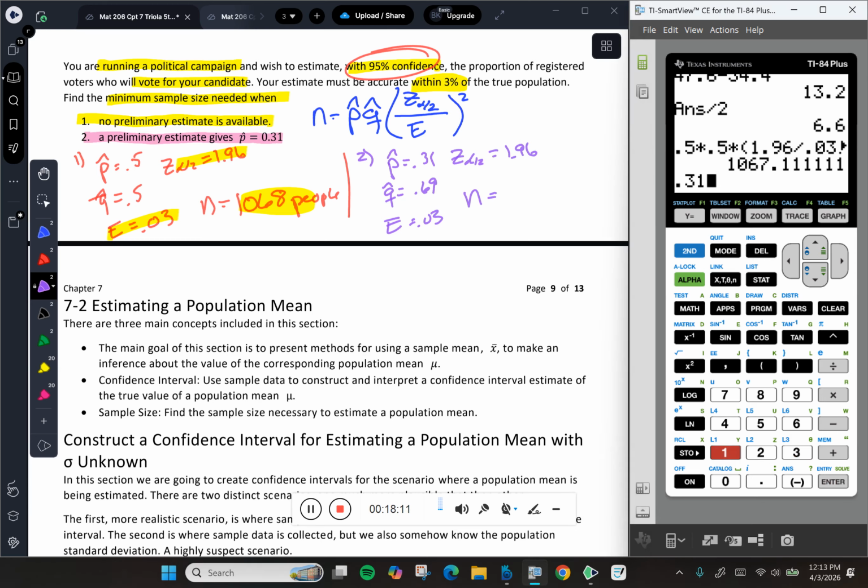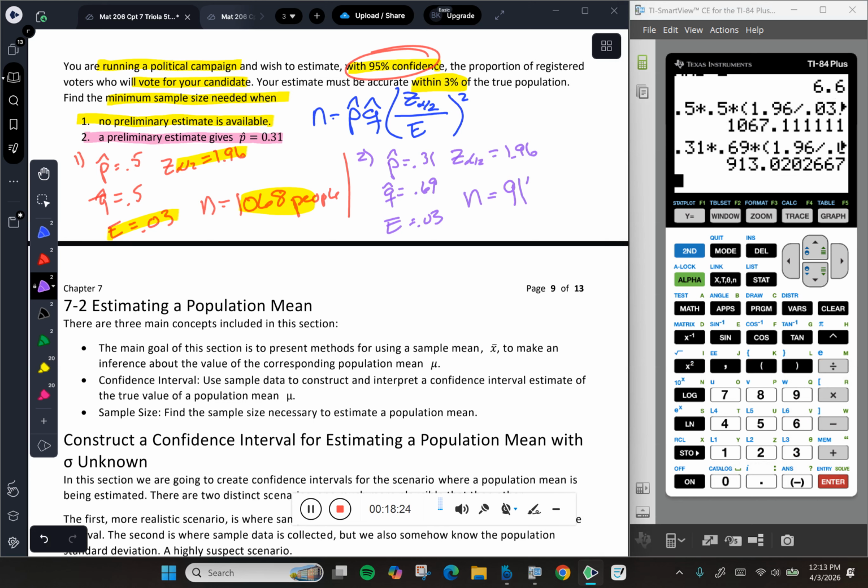So 0.31 times 0.69 times the quantity 1.96 divided by 0.03, squared. And it looks like we should talk to 914 people. So if I want to get an accuracy of within 3% at a 95% confidence, I need to talk to 914 people at least.